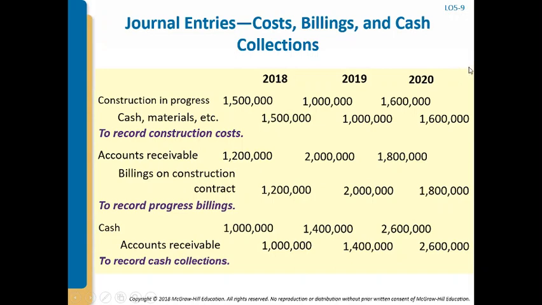In the second example, the amount billed is accounts receivable. So debit accounts receivable. You credit a corresponding amount to a contra asset account called billings on construction contract.